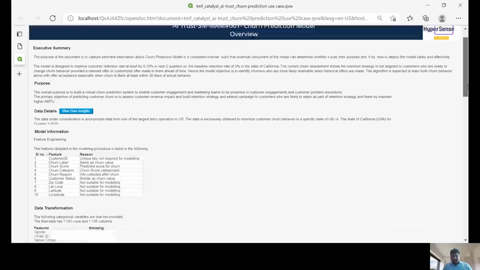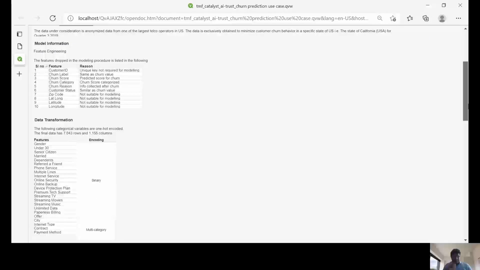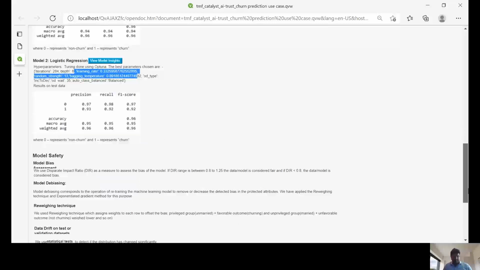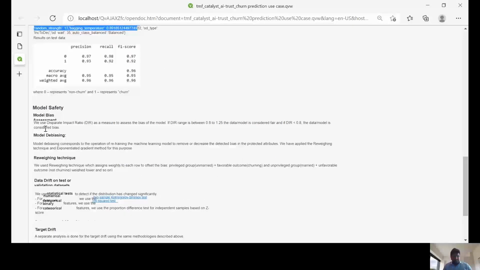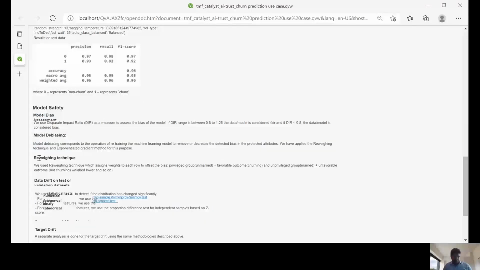So I just got access to this dashboard. The first tab explains everything about this model: what variables I have used, what algorithms the classifier has chosen to build this, and how it stands on performance. As I said, the performance is close to 96-97%. This also tells me that the fact sheet analysis has performed model bias detection and debiasing, and it has used a reweighting technique to debias a particular algorithm.